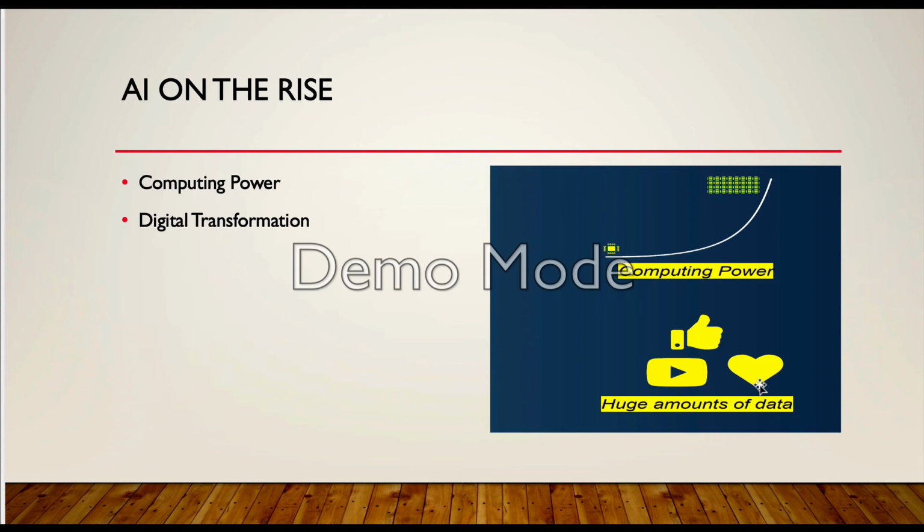The second development that facilitates AI is the increasing digital transformation and, in consequence, the availability of huge amounts of data. Whenever we like something on Twitter or Facebook, play a video on YouTube, buy something online, or use an IoT, which is nothing but an Internet of Things device, we generate data.